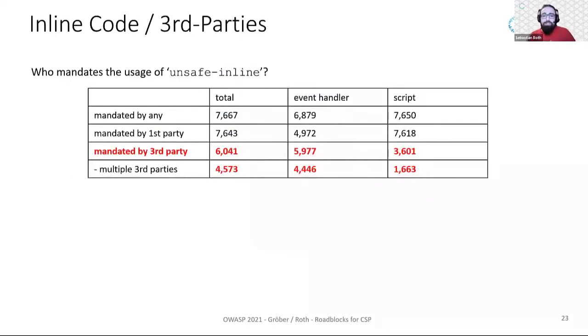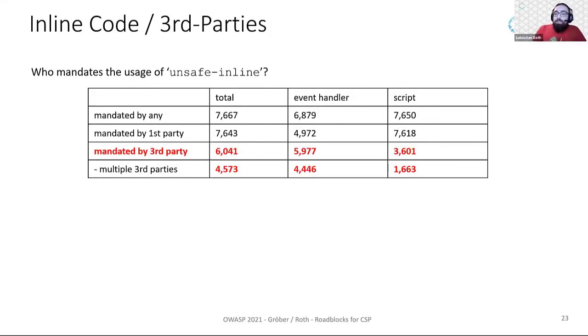Well, in another study conducted by Marius Steffens, they have shown that many problems regarding the usage of insecure practices in CSP, like unsafe-inline, were not caused by first-party code, but rather by third parties that mandate the usage of unsafe-inline.